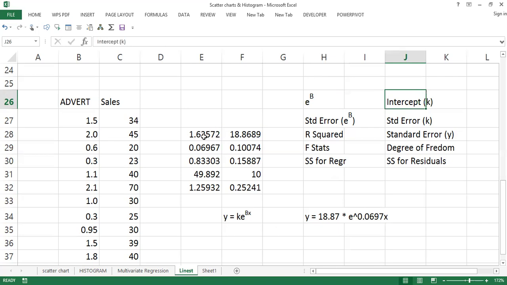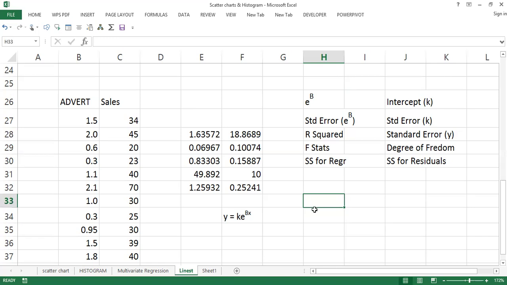Okay, so this figure, this e to the power of b, is 1.63572. What then is b? So you need to be able to estimate the value of b so you can use it for the equation. So let's start by trying to estimate b.